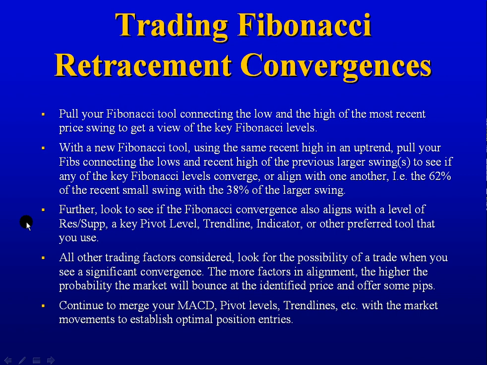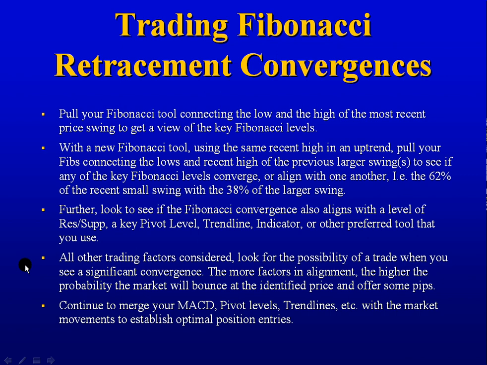Look to see if the Fibonacci convergence also aligns with other key levels like support and resistance, pivot levels, trend lines, indicators, and other tools that you like to use. Consider all other trading factors. Look for the possibility of a trade.